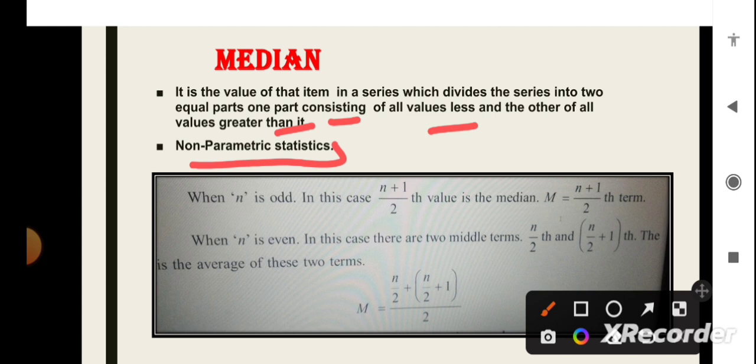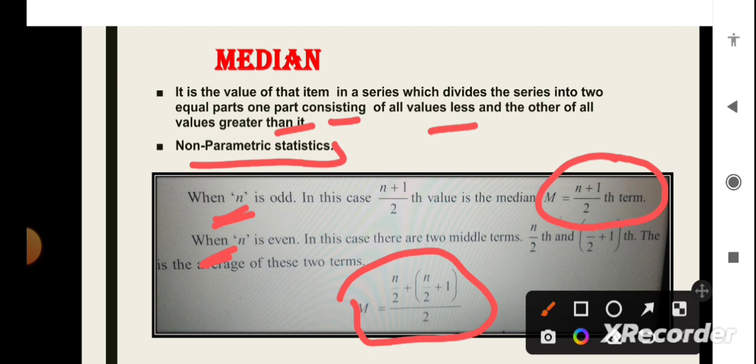As we know, a series can be of odd numbers or even numbers. So, there are two formulas. In case of odd numbers, we use this formula to find the median, and in case of even numbers, we use this formula in which two middle terms and their average is calculated.